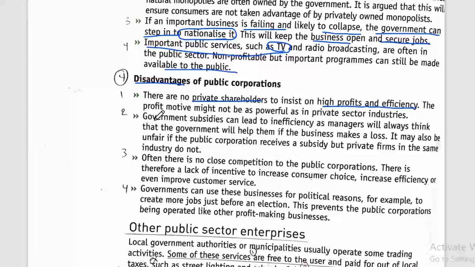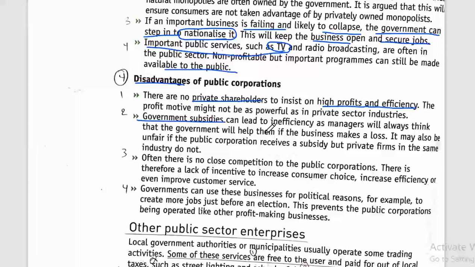Number two, government subsidies can lead to inefficiency, as managers will always think that the government will help them if the business makes a loss. So some businesses might depend on the idea that if I fail, if I'm not efficient enough, the government subsidies are going to help me, or they're going to nationalize my business.